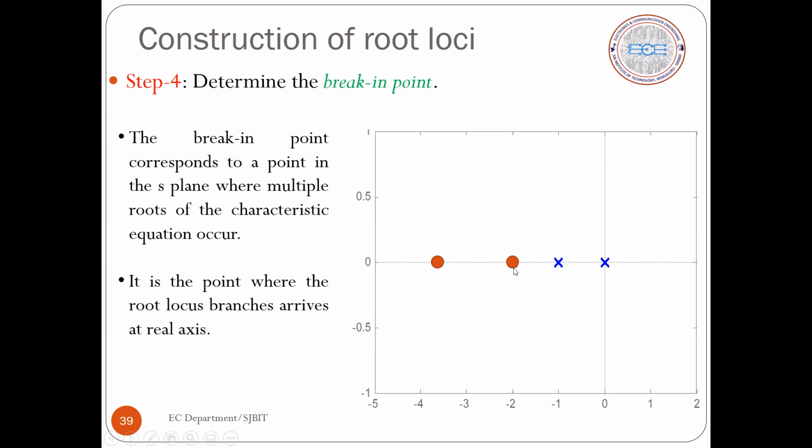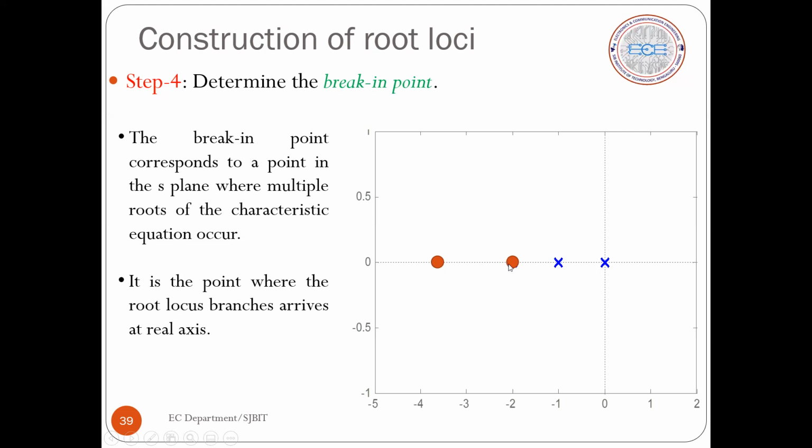What is the concept we have discussed? Root locus always originate from a pole and end with a zero. Okay. So now root locus somewhere will originate and end with this zero. Again, root locus originate from some pole and end with this zero.